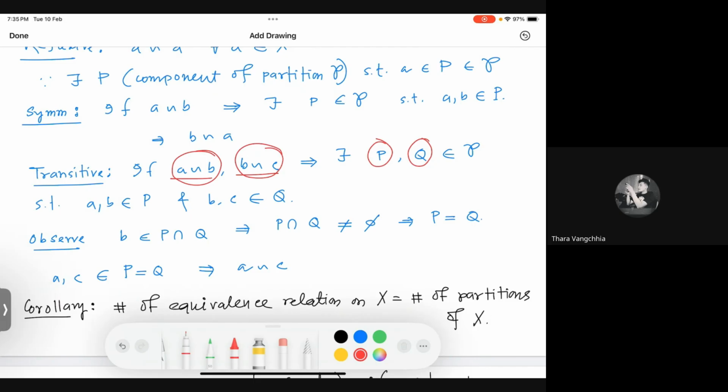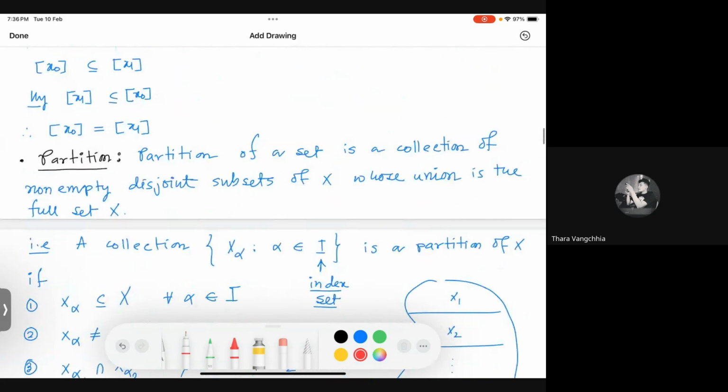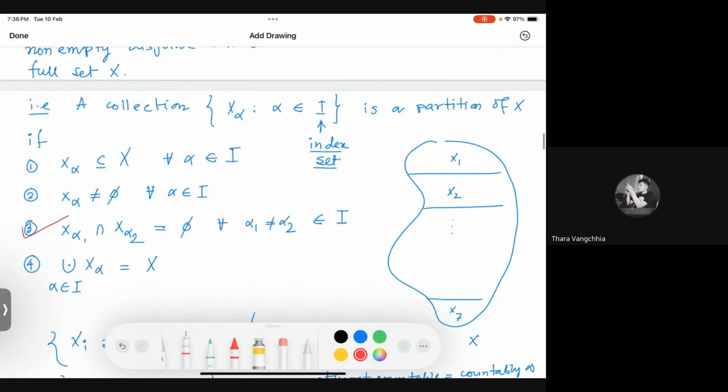P intersection Q, if you take the intersection, then you will see B belongs to P intersection Q. It means P intersection Q is non-empty. But since this is a partition, every component is either identical or disjoint, right? This is the third property.